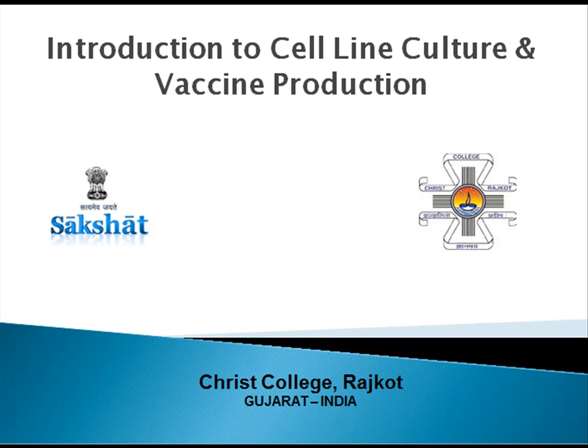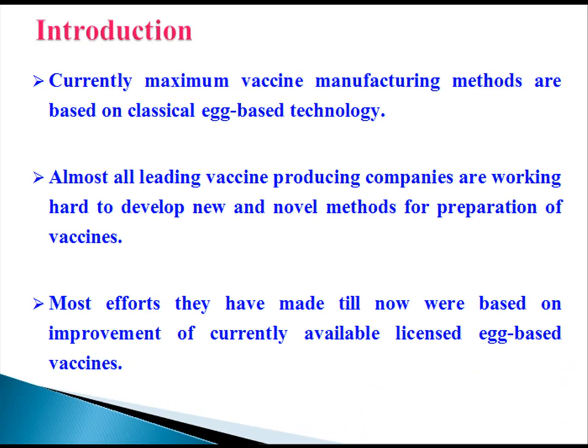Let's start our discussion with an introduction to cell line culture and vaccine production. Currently, most vaccine manufacturing methods are based on classical egg-based technology. Almost all leading vaccine producing companies are working hard to develop new and novel methods for the preparation of vaccines.